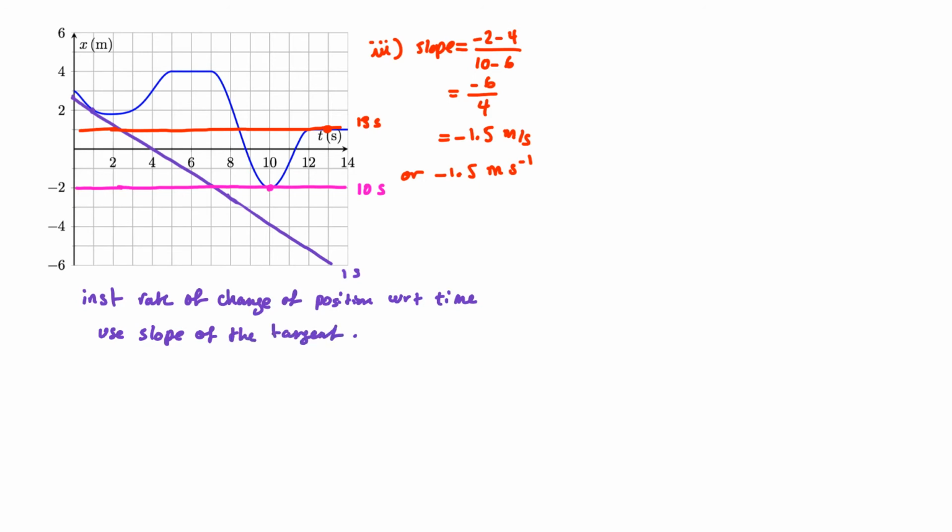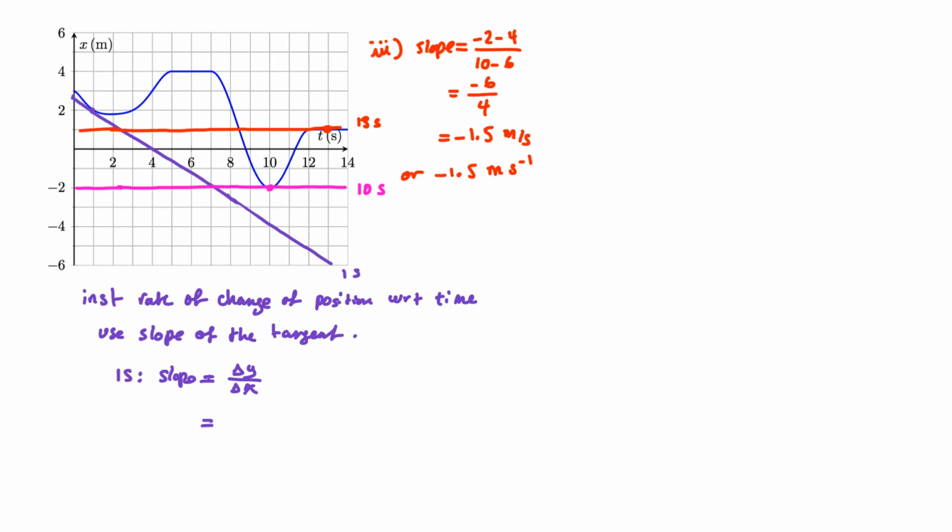So the idea needs to be there, and you need to mention that the instantaneous rate of change can be found by this slope. And then you can just go ahead and find the slope. So for 1 second, the slope is delta y over delta x.